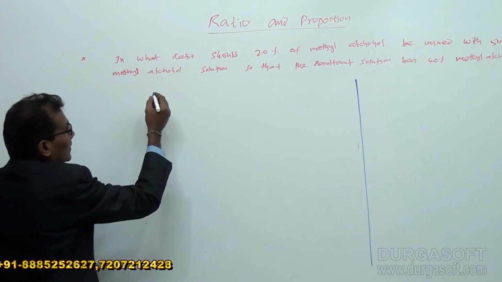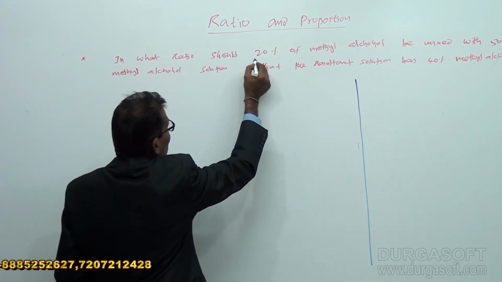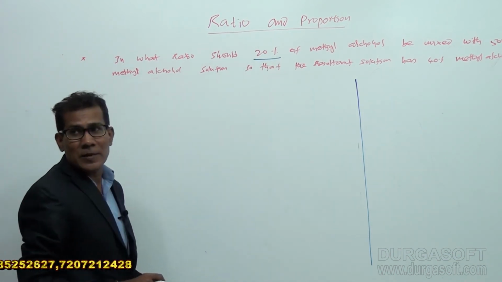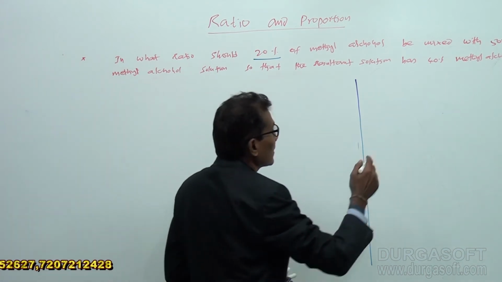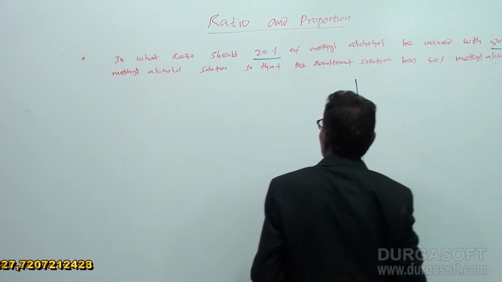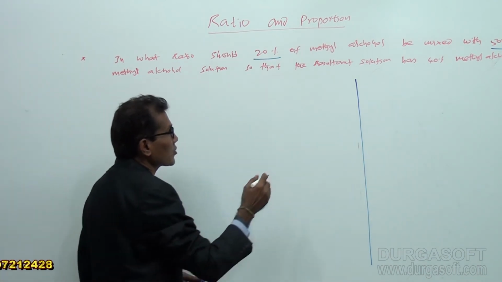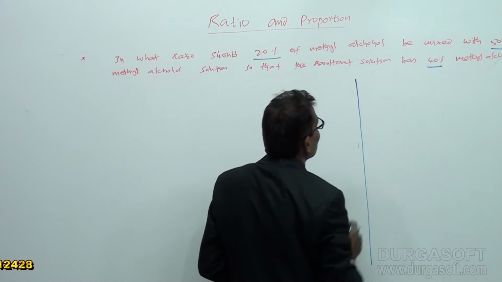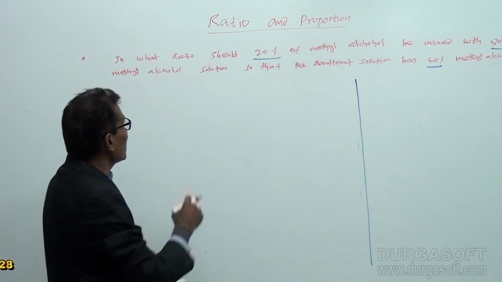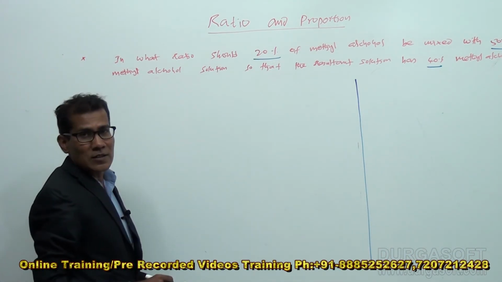Given that the alcohol content in the first mixture is 20% and the other mixture contains 50%, we require a resultant solution with 40%. We need to find the ratio of the first solution and the second solution.